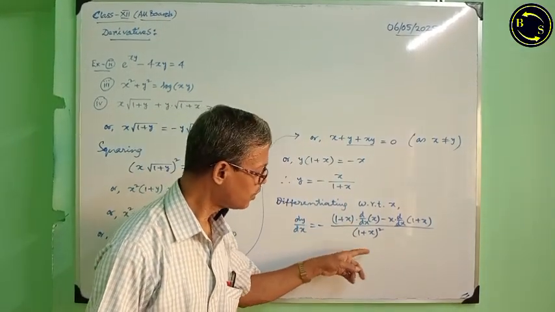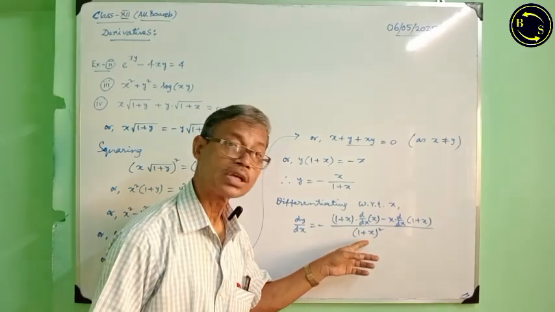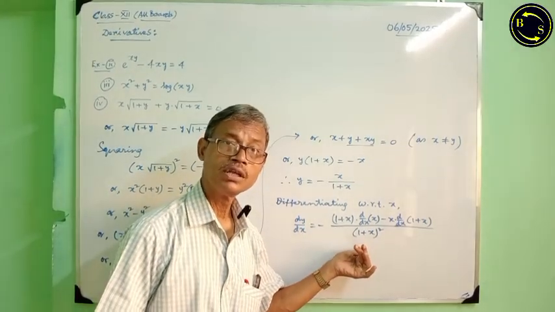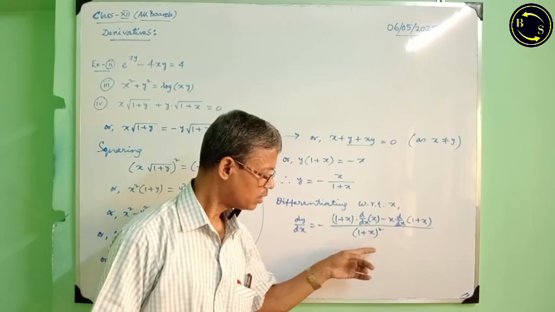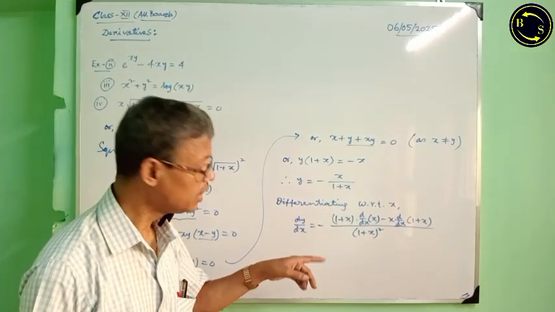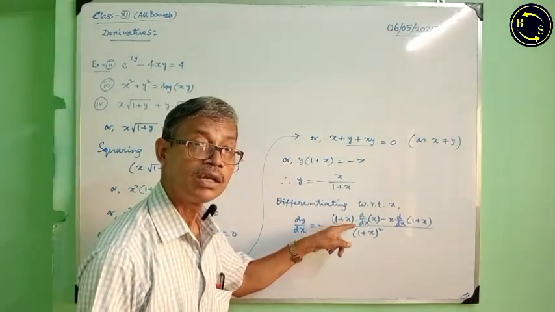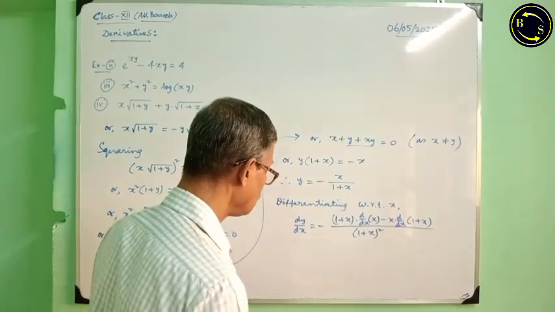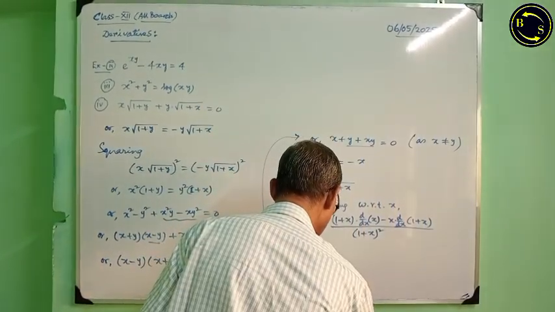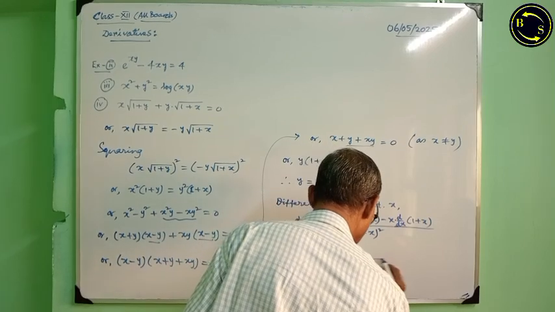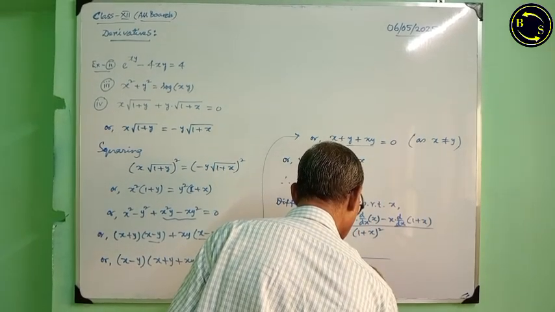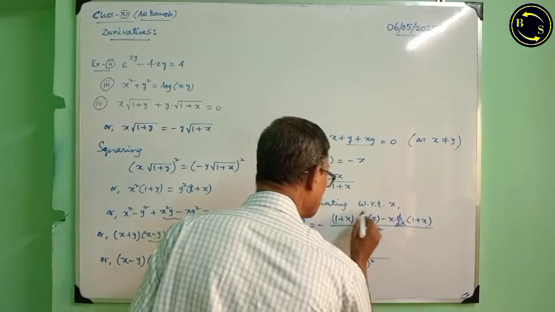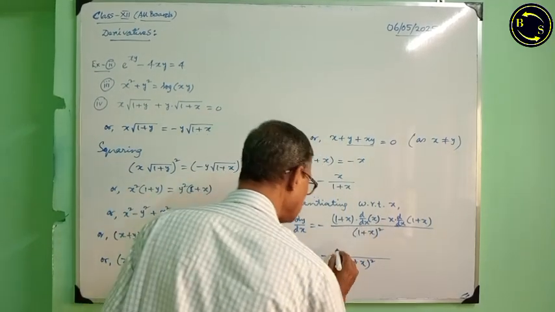U by v form. Therefore, I always suggest students you write the denominator first, means v square form. Then at the numerator that will be v du dx minus u dv dx. Now we simplify. Derivative of x with respect to x is 1.